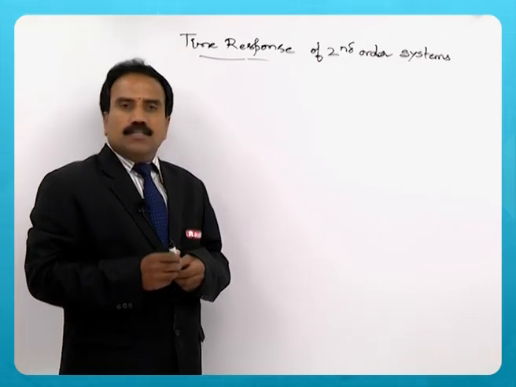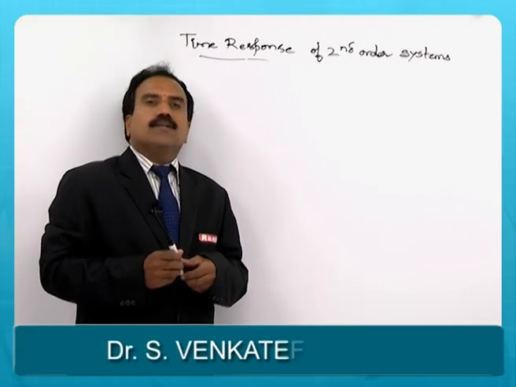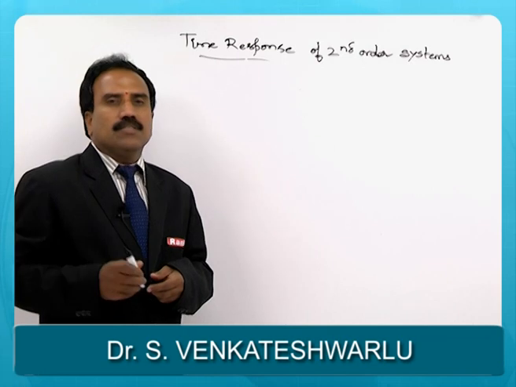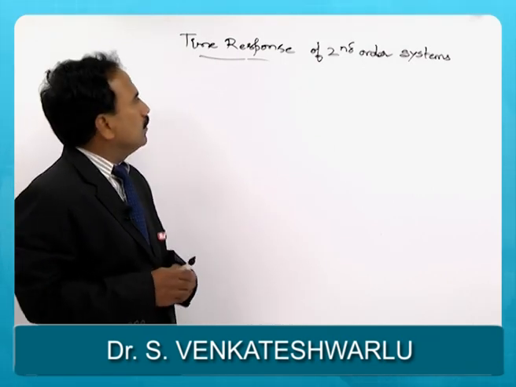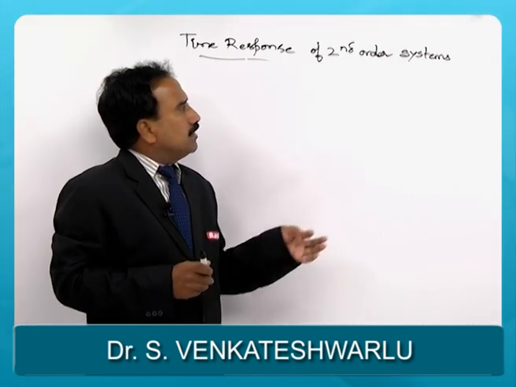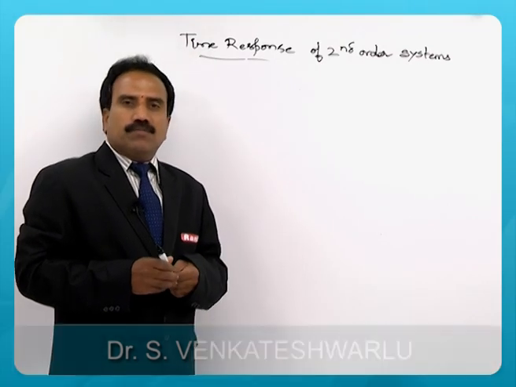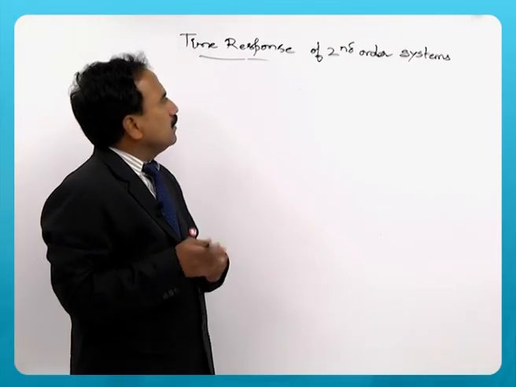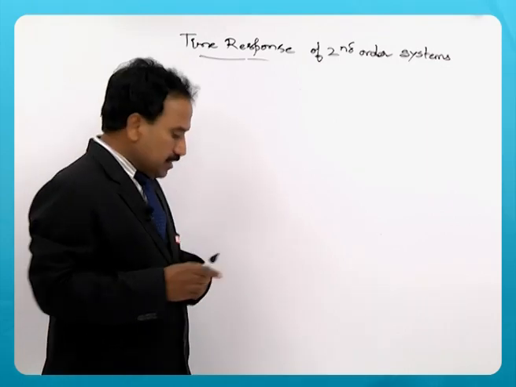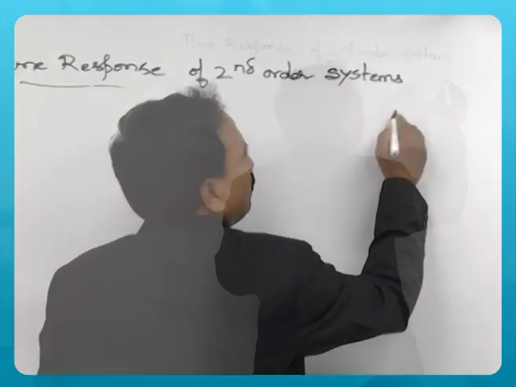Now, let us see the response of second order system again for the various inputs. So, before getting into the time response for various inputs, I would like to see the second order system in terms of electrical components.